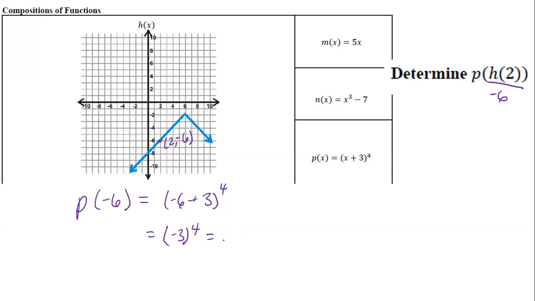Because remember, you can pair them up, right? That gives you 9 times 9, which equals 81. Are we good?